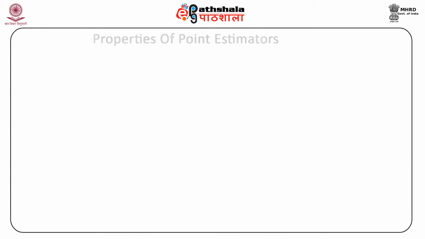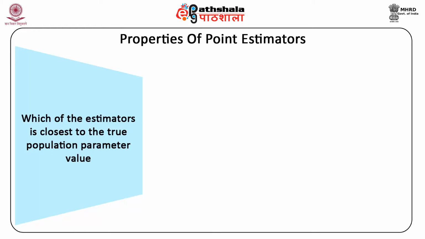This discussion on the existence of more than one point estimator of a population parameter brings forth the following question. Which of the estimators is closest to the population parameter value?